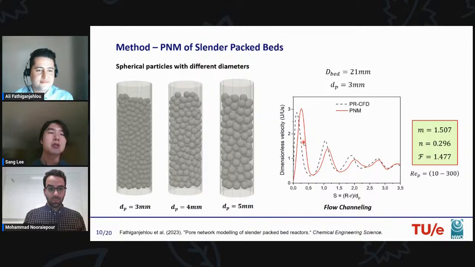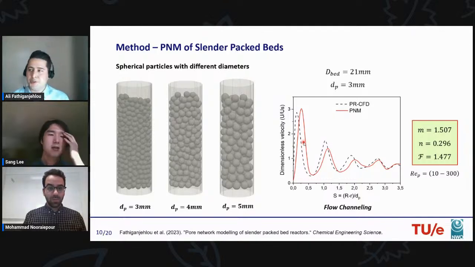So is the reason for the higher velocity near the column wall that the porosity is higher there? Or is it due to an artifact of the system size being 21 millimeters, which can be a little small? I'm not sure of the real size of packed bed columns, but what's your opinion about that?